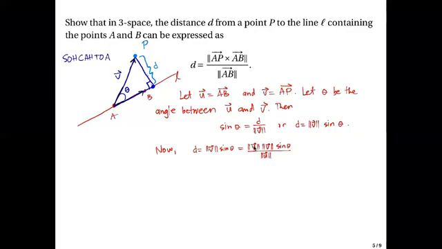And I think we've shown that norm of u times norm of v sine theta is precisely the norm of the cross product u cross v. So this is just u cross v, and then you take the norm of that. And of course, the denominator is still the norm of u.